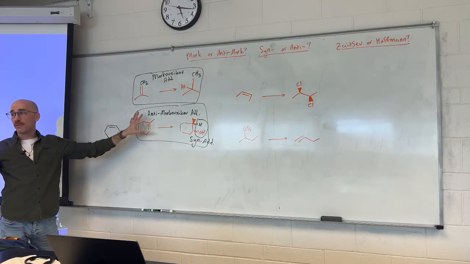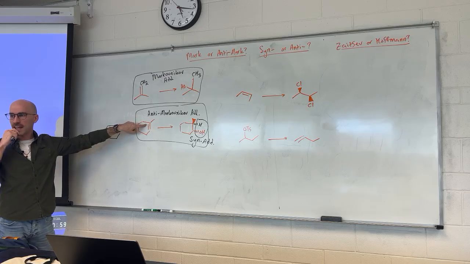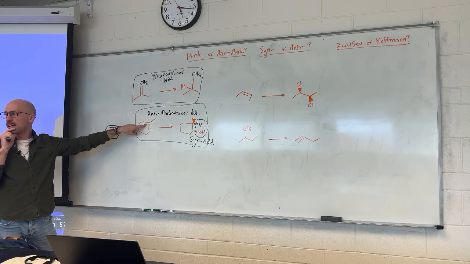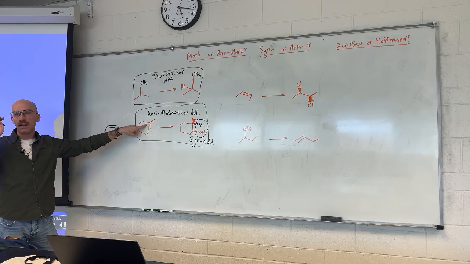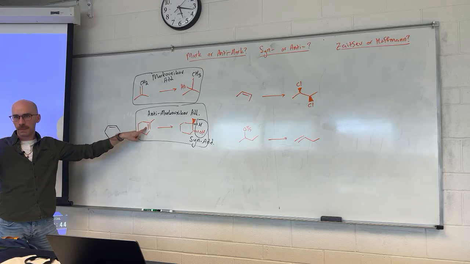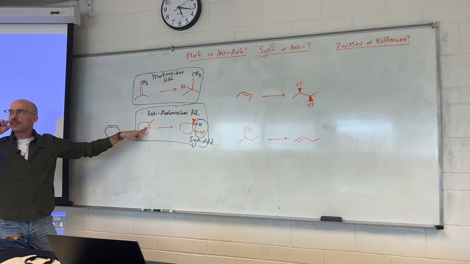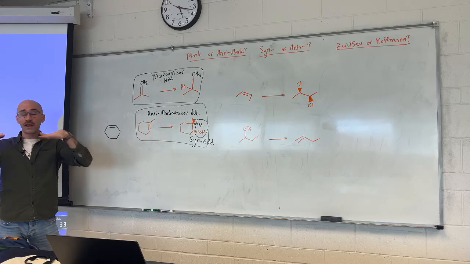Remember, first, let's recall the hybridization of these carbons. SP, SP2, or SP3? SP2 for our alkene carbons, because they only have 3 electron regions. What geometry does that have? Molecular geometry. Trigonal planar, aka flat. These are flat atoms.